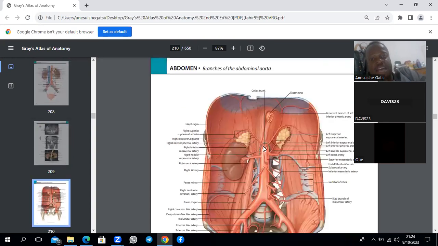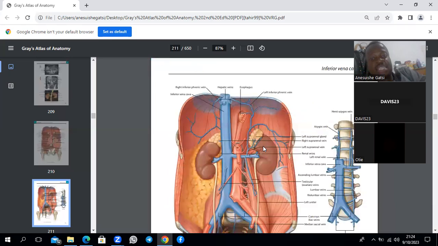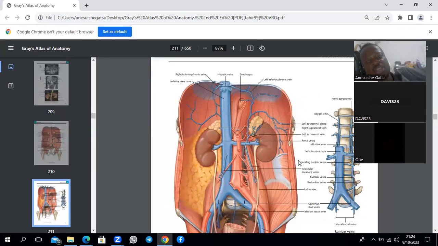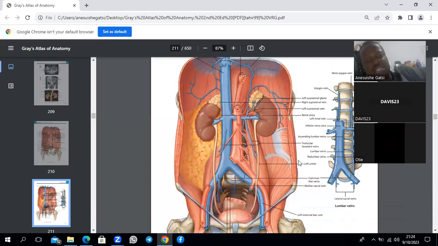Then after the kidney, we have the ureters. There's no really clear picture that shows us the ureter, but this here is doable. So these are your ureters. They're also on the posterior abdominal wall. They're also retroperitoneal. Something that I forgot to mention, the hilum of the kidney is at the transpyloric plane.